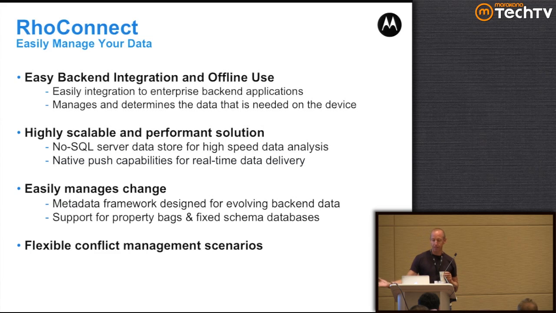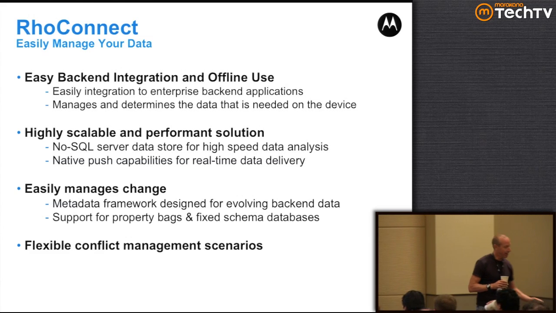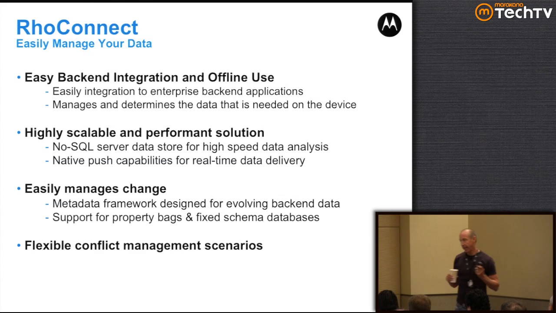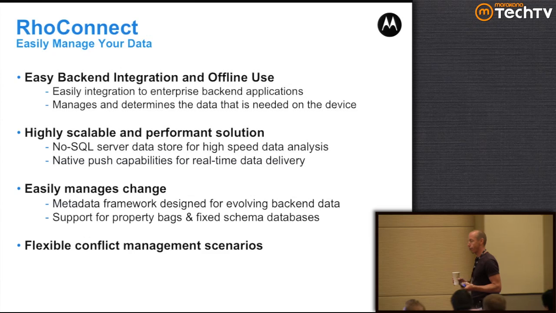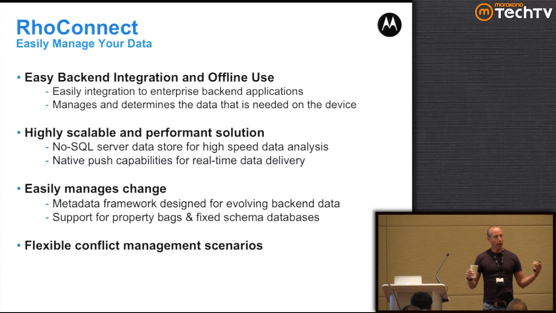And we support bringing this down to, by default, property bags, which means that as the schema changes and enhances, even without using metadata, nothing breaks. This has always been a problem in mobile software, unlike the web scenario where everything connects to a central server.